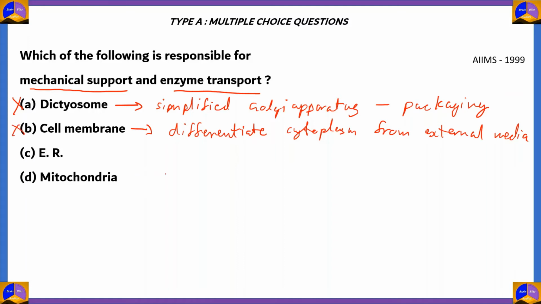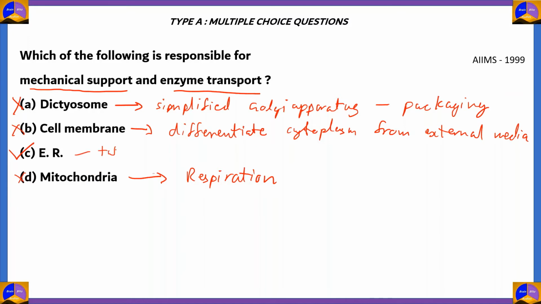What about option D, mitochondria? Mitochondria is responsible for respiration. So therefore, option D is also incorrect. The right answer is option C, ER, or endoplasmic reticulum.